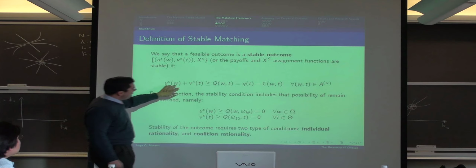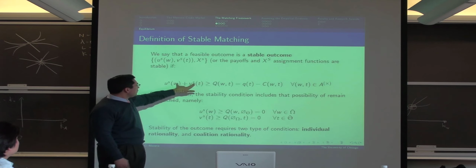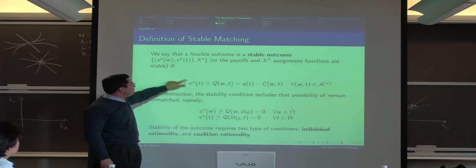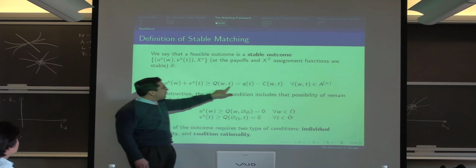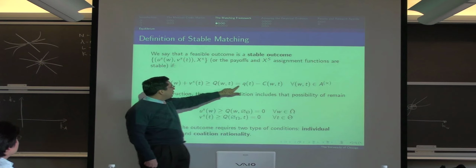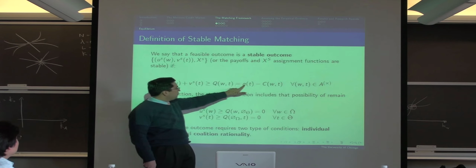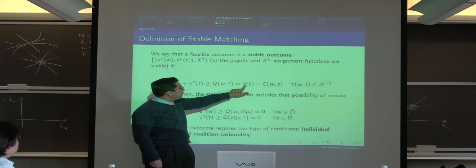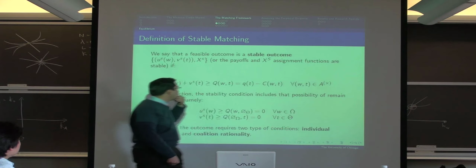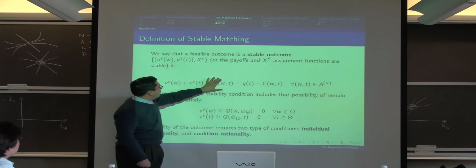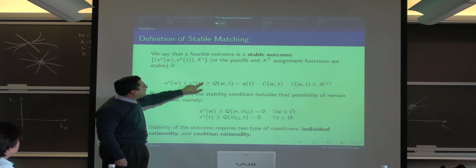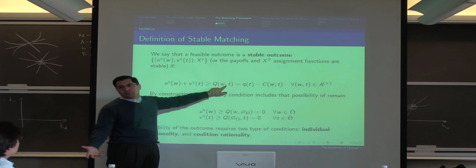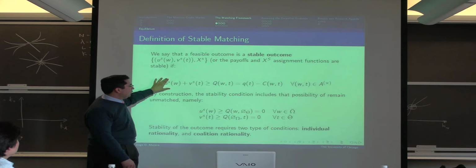The first one is that the surplus this pairwise relationship generates, which is basically the difference between the output the entrepreneur is having and the cost of collecting the resources, is at least as much as the payments, basically.